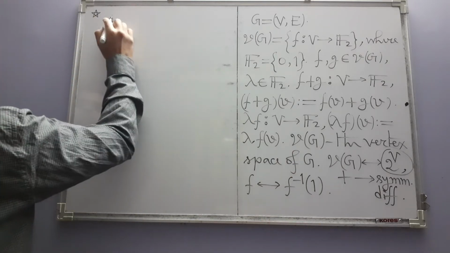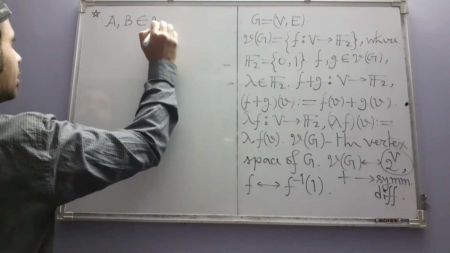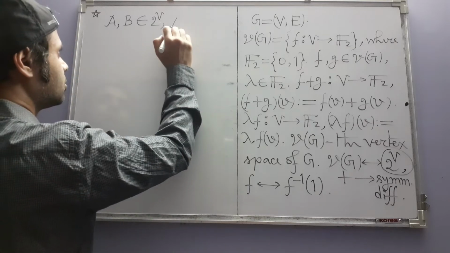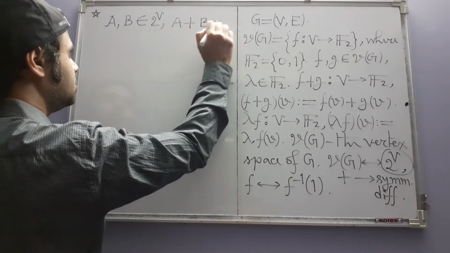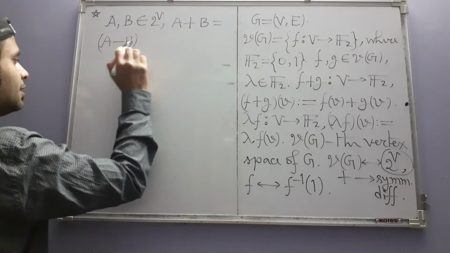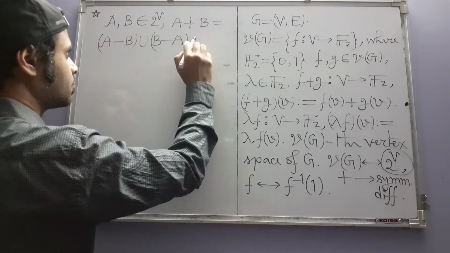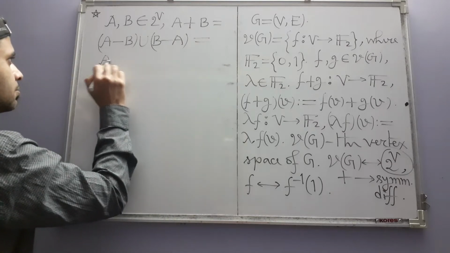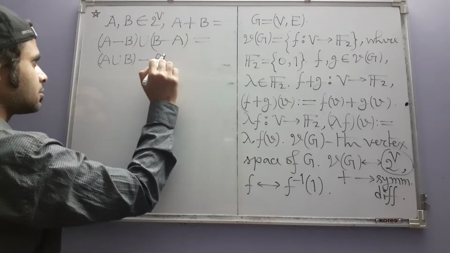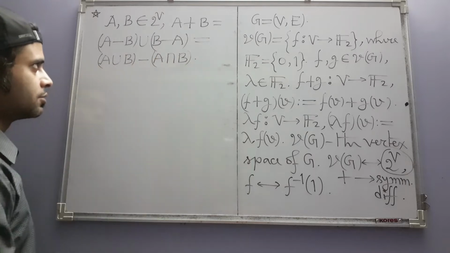In this version, if we consider vectors A and B, which truly are just subsets of V, then their sum is the symmetric difference of these two. That is A minus B union B minus A, which if one wants can also be looked at like this. You can take the difference of the union and the intersection of these two vectors.